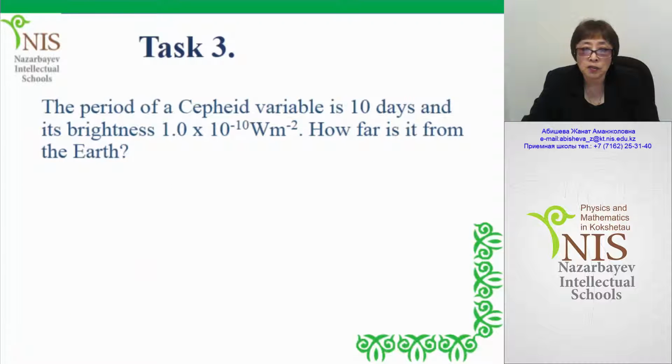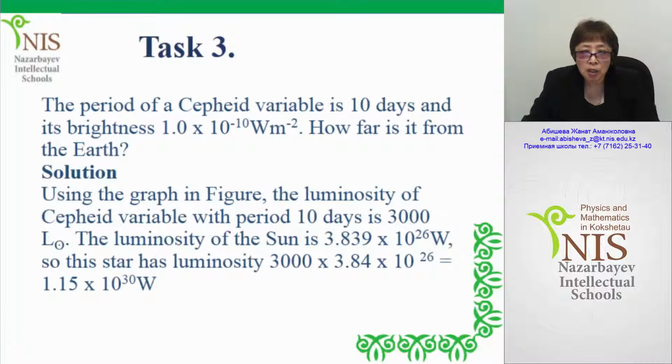Next task 3. The period of a Cepheid variable is 10 days and its brightness is 1.0 times 10 to the power minus 10 watts per meter squared. How far is it from the Earth? Solution. The luminosity of a Cepheid variable with a period of 10 days is 3000 times the Sun's luminosity.